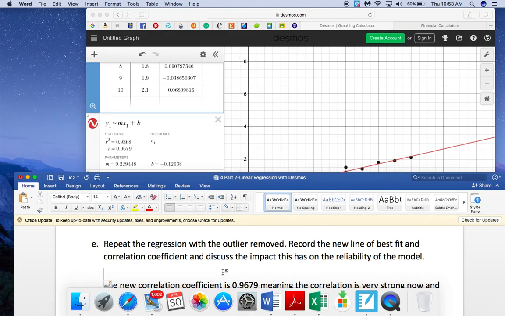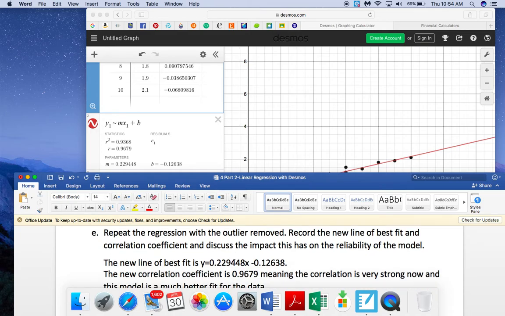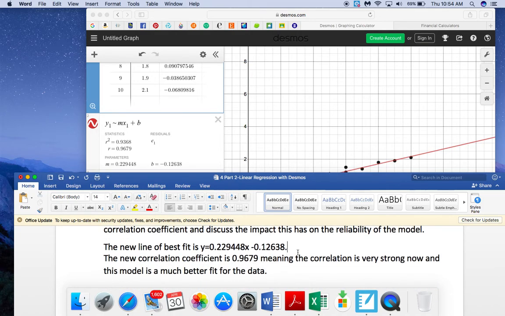So the new line of best fit, you can just write this underneath it, is going to be y equals, the new m value is 0.2294448x minus, because the new b value is negative, 0.12638. Okay, and so with the outlier removed, that's your new line of best fit.